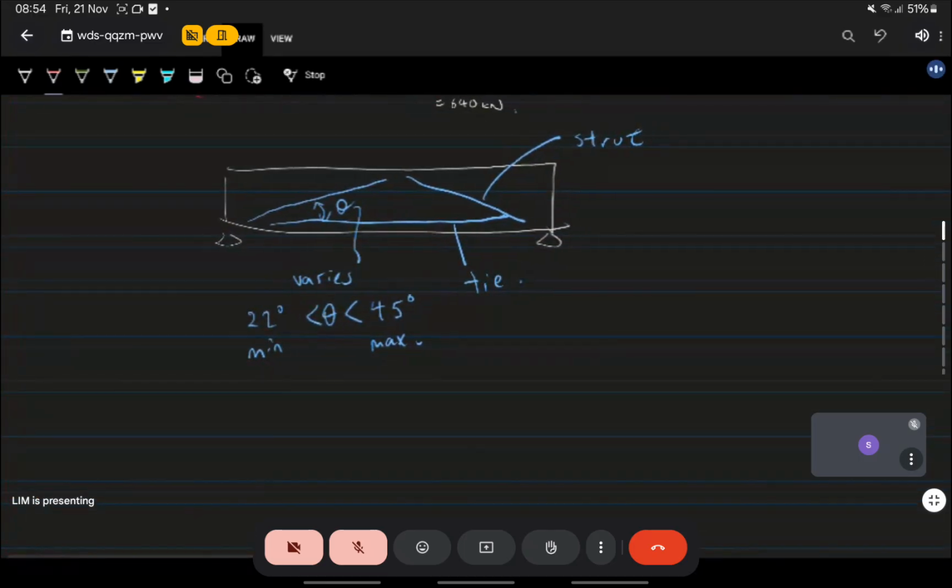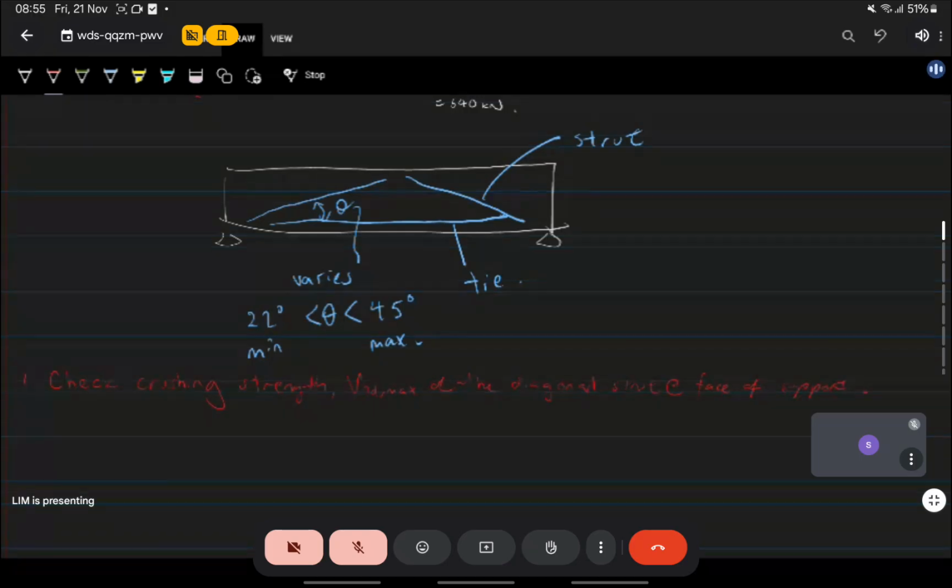First thing first, we have to check the crushing strength VRD max of the diagonal strut at face of support.